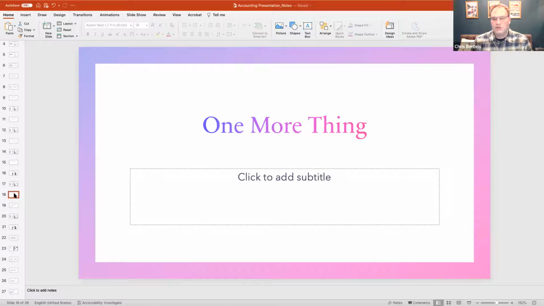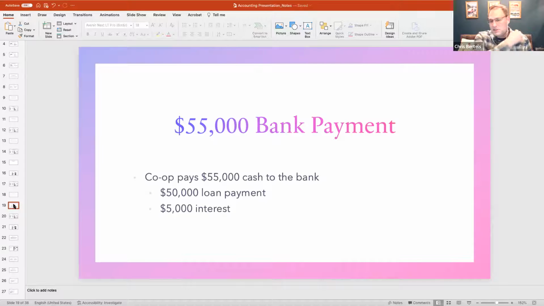And then one thing we did leave out was a bank payment. Like the bank is going to want money to pay down the loan, and they're going to want interest, of course. Okay, so in this instance, the co-op paid $55,000 in cash to the bank, and $50,000 of that was loan payment.